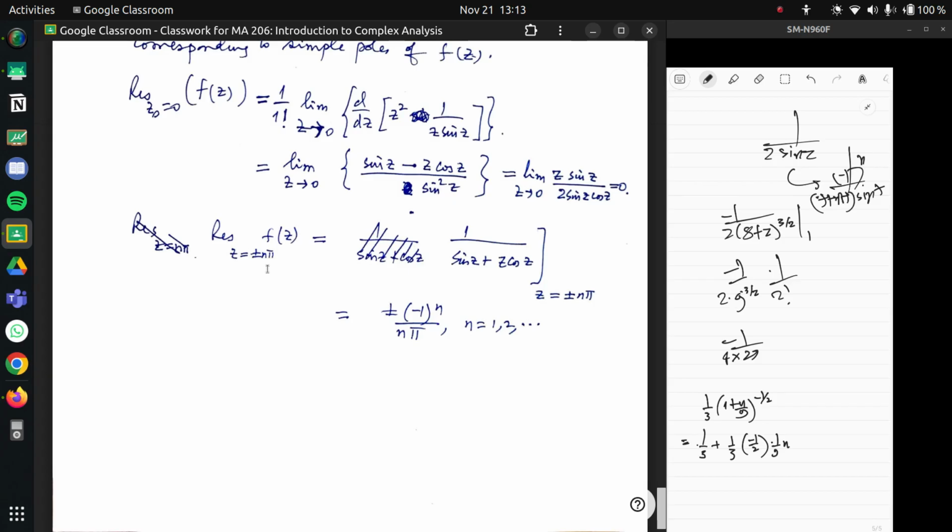We can have a residue of that. Okay, this you can Taylor expand. I see. It just boils down to 1 upon sine t.